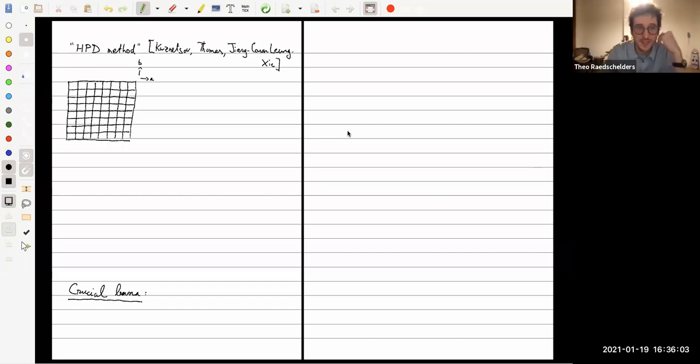And to say this a bit more clearly, and this is probably a picture that people will recognize, there's this HPD method, which of course goes back to Kuznetsov, but which was, I guess, made clearer to many people by Richard Thomas, and also by work of Jiang, Leung, and others, where they refer to this as playing the chess game.